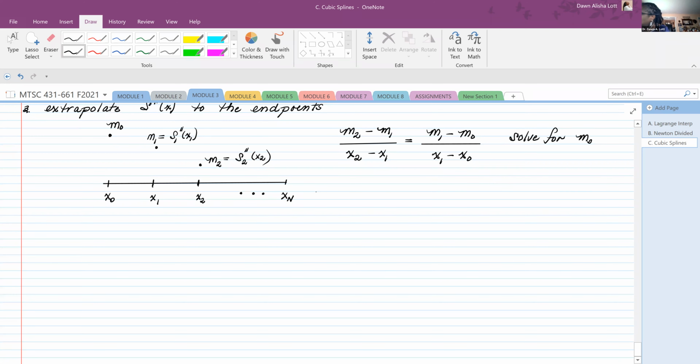And that gives me M naught is M1 minus h naught over h1 times M2 minus M1. So now I would take that and put that in the equation.